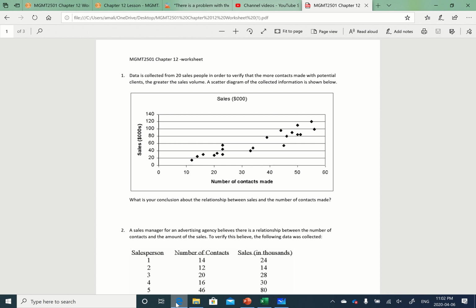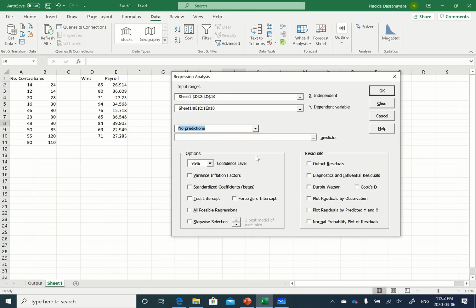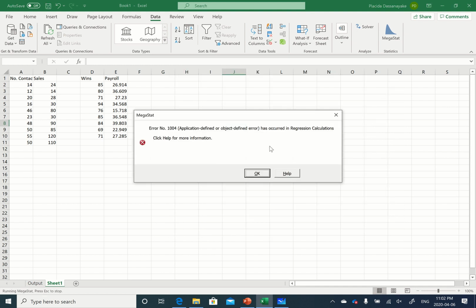So the prediction, if I read again, I need to predict the payroll when the number of wins is 99. Okay, so if I'm going to do it here, type in predict a value and 99. So I need the y value when x is 99.